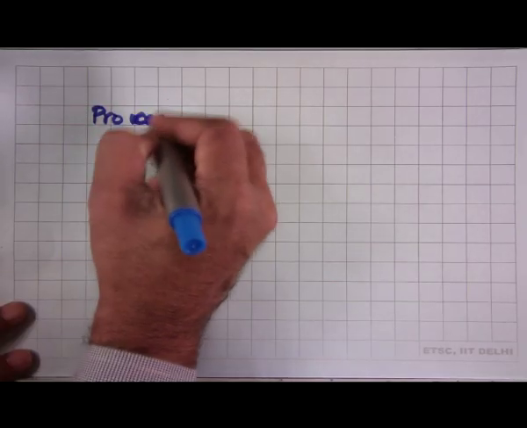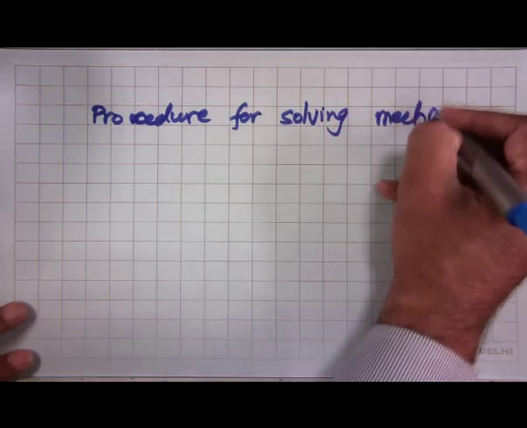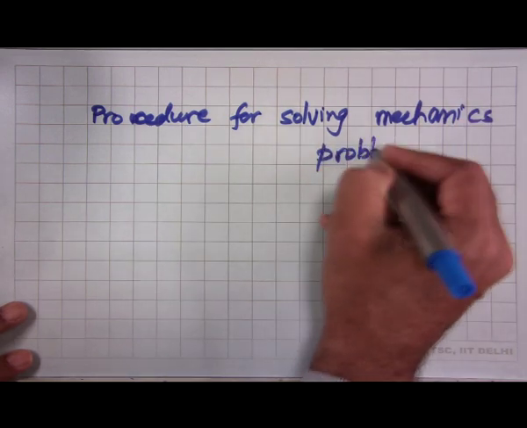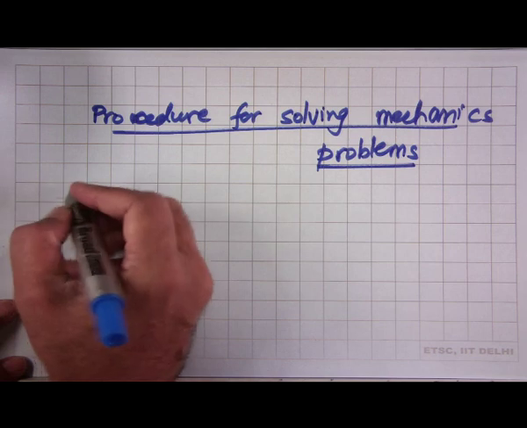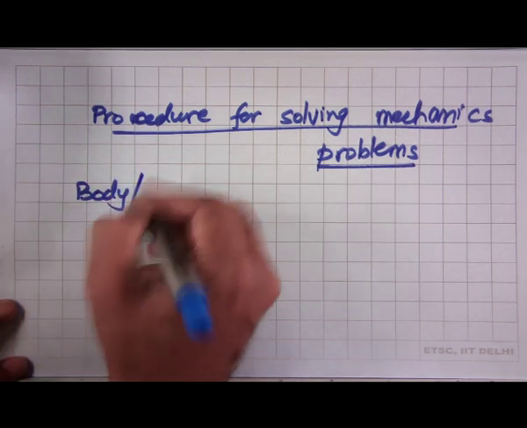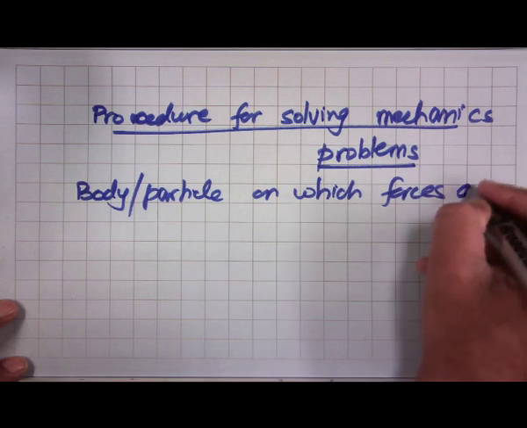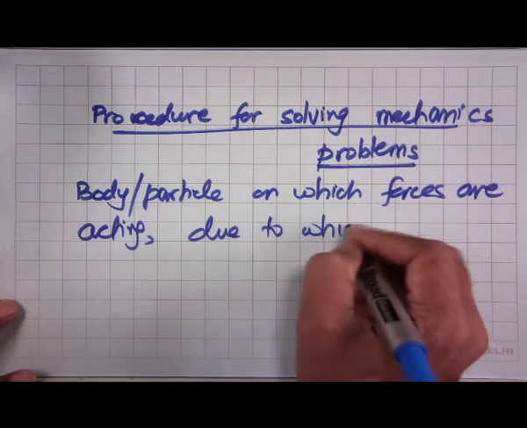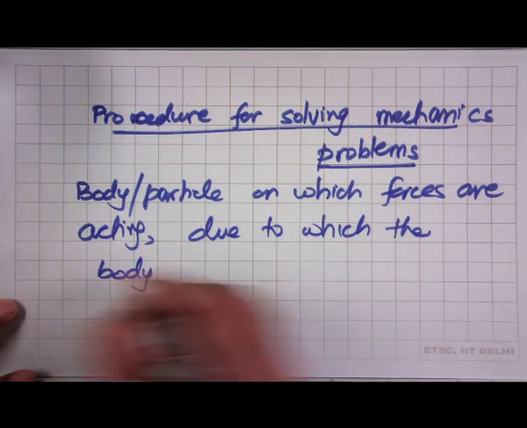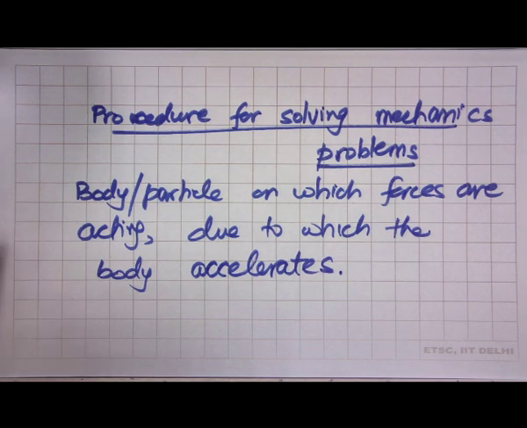So, our procedure for solving problems: you have a body or a particle on which forces are acting and due to which the body accelerates. And we have to work out one of these things.